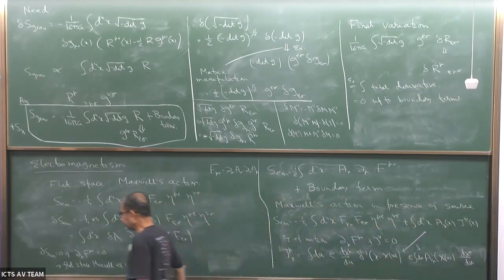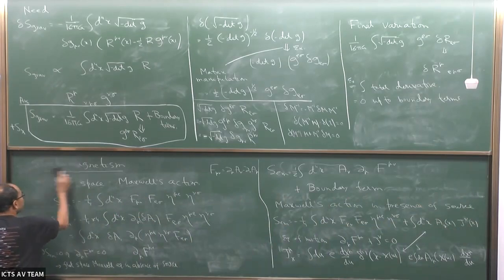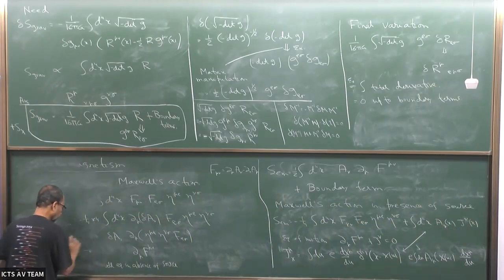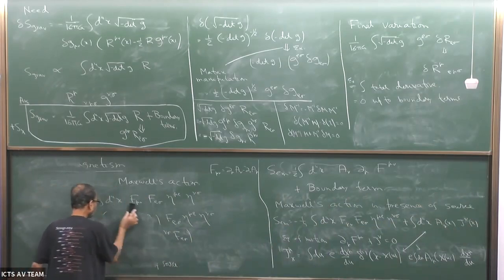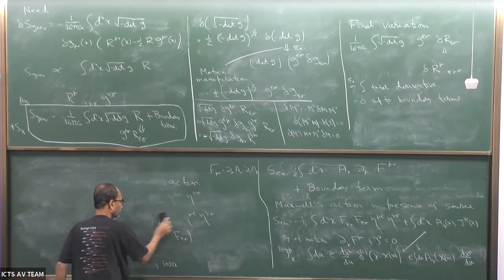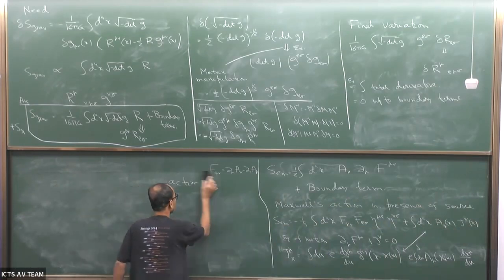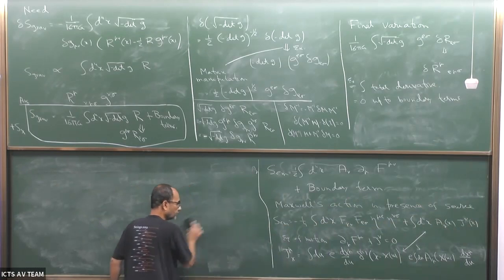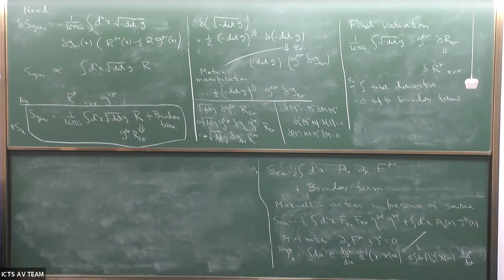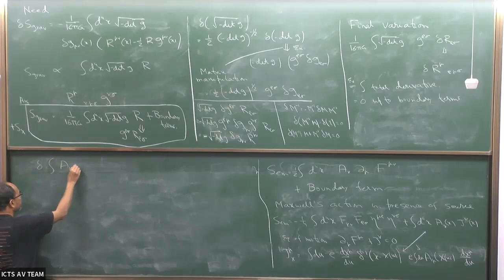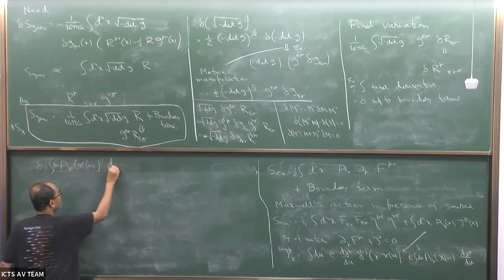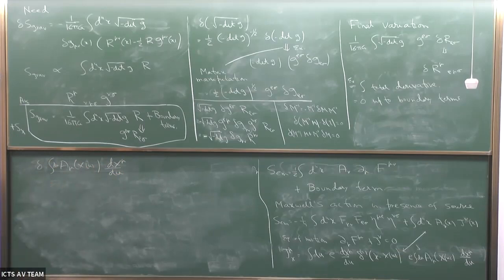So let me describe what this is. Delta of the integral of a mu of x will be given by the integral du.